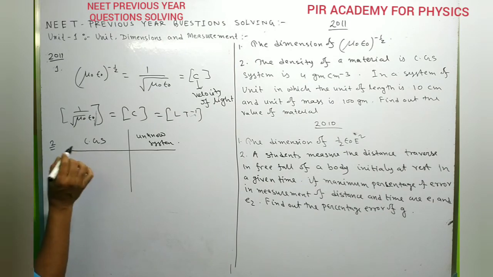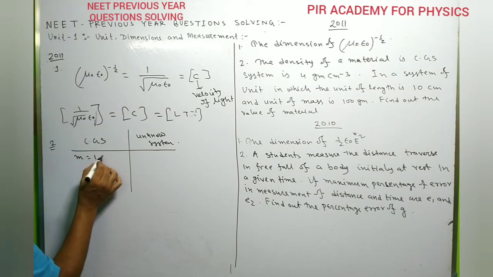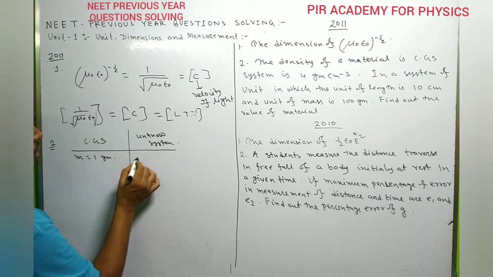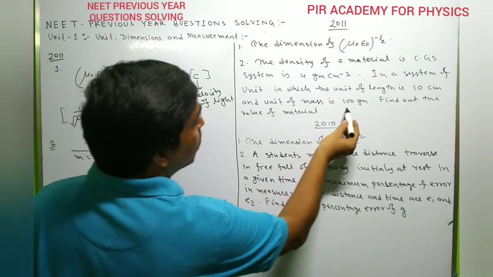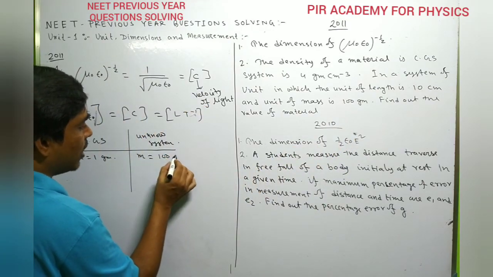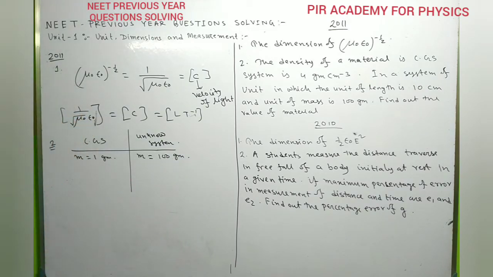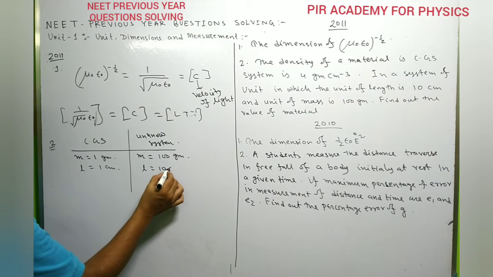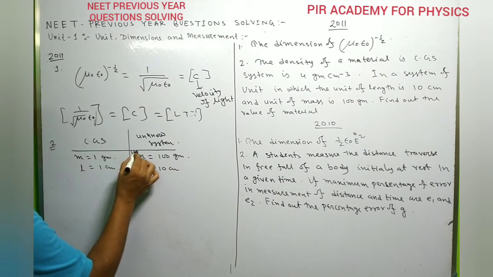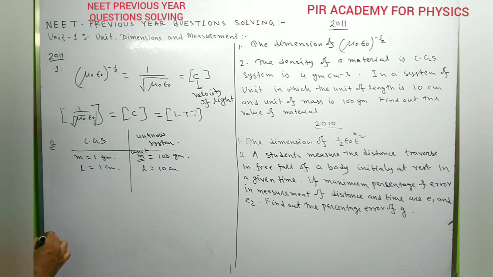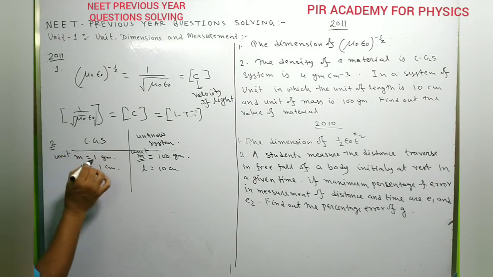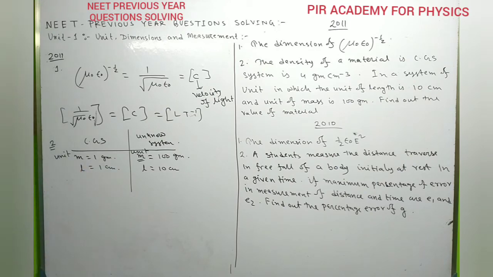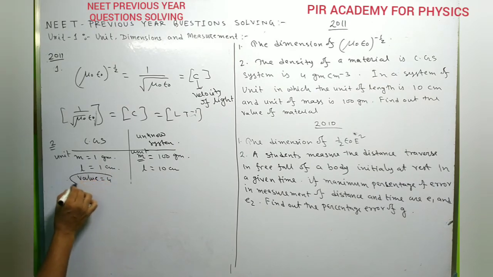Here the unit of mass is 1 gram, and there the unit of mass is 1 hectogram, that means 100 gram. Here the unit of length is 1 cm, and there the unit of length is 10 cm. So here the value is 4.